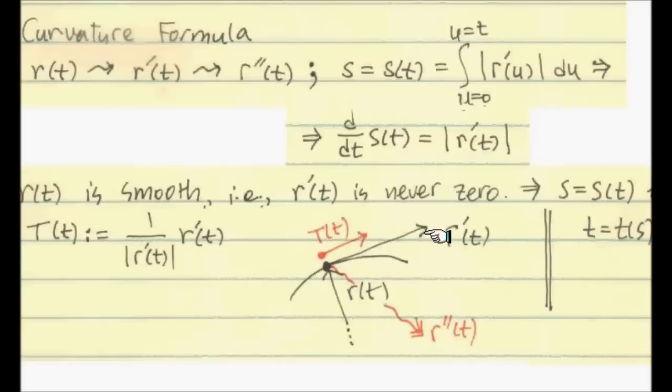So the measure of the instantaneous change of this velocity vector is that. But this picture doesn't quite show the magnitude of the velocity vector in the next moment, so guessing r''(t) just by looking at this picture is not actually possible.